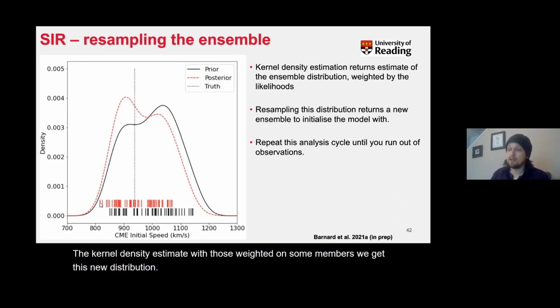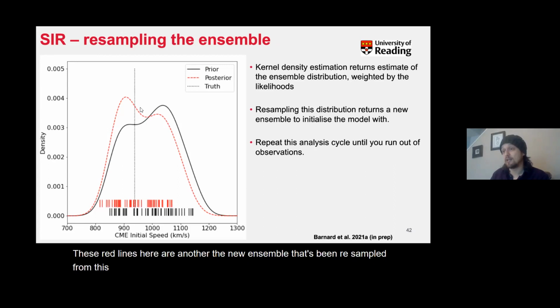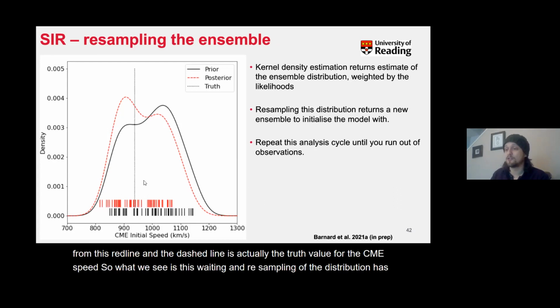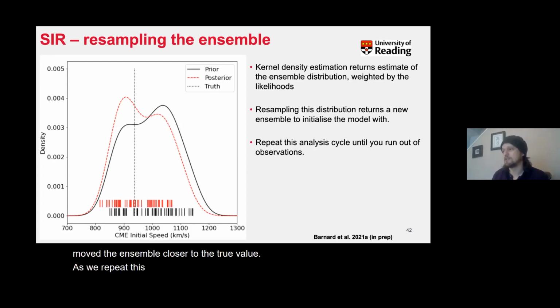These red lines are the new ensemble that's been resampled from this red curve, and the dashed line is the truth value for the CME speed. So this weighting and resampling of the distribution has moved the ensemble closer to the true value. And we repeat this cycle until we run out of observations, essentially.